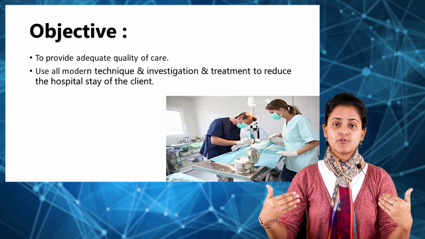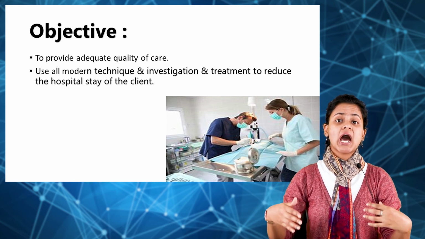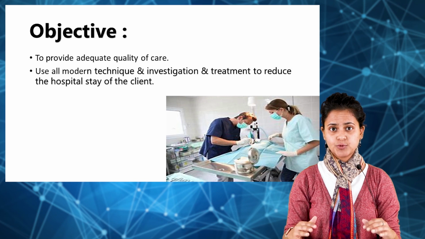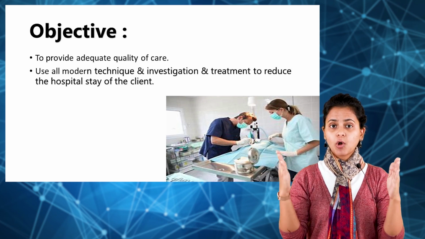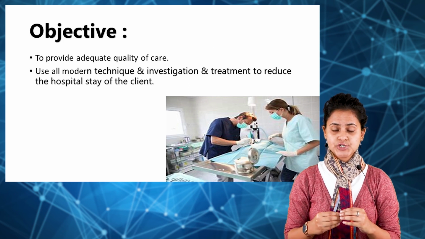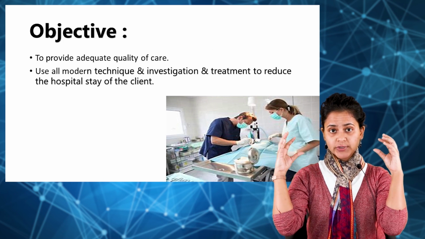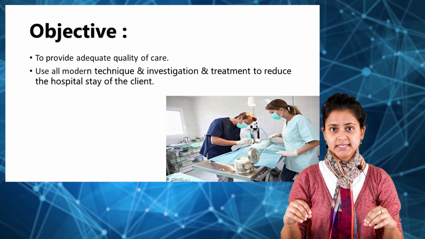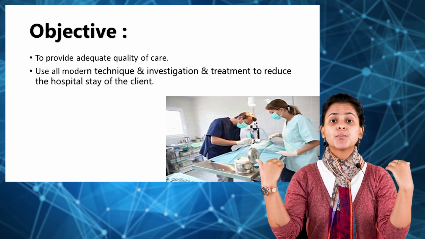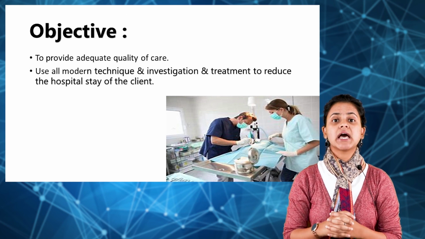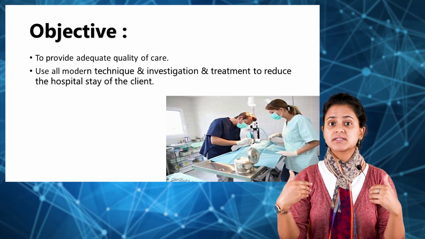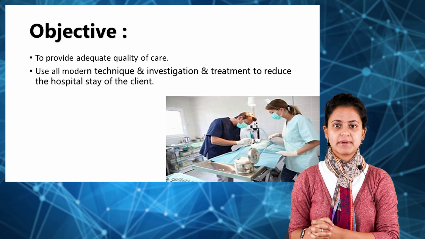In the outpatient department, adequate and high-quality medical care is provided to the patients seeking it. The next objective is to use all modern techniques and equipment to provide high-quality medical care, as well as to reduce the hospital stay of clients seeking medical care.